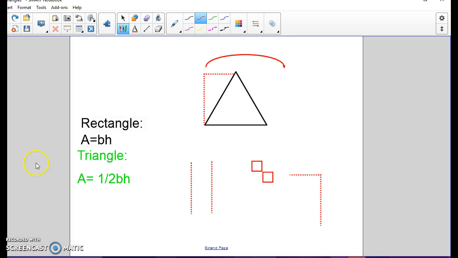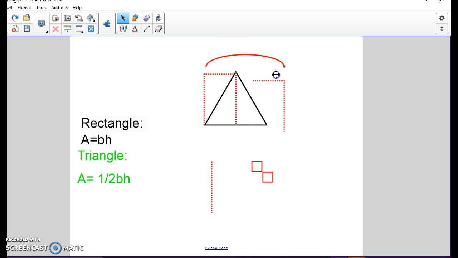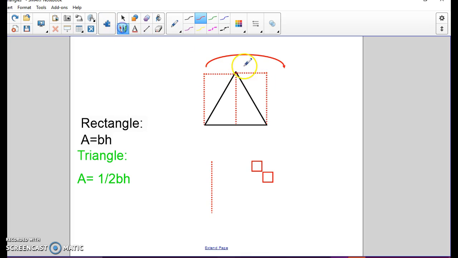Now for this one, if our vertex is in the middle of the triangle, we are then going to put 2 right triangles with it to make a rectangle, because we know how to solve a rectangle. So this is the original, so we're going to go over and then down, and then we're going to clone that same triangle over here. So let's count how many triangles we have now.